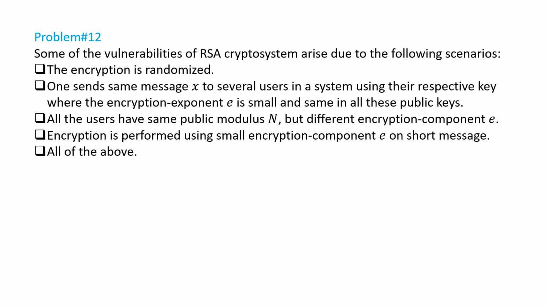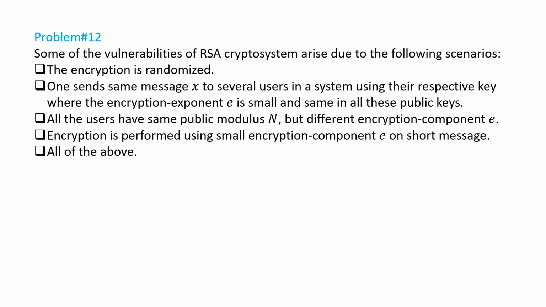And the next option is encryption is performed using small encryption component E on short message. So in this case also, if you choose very small E and the message you are encrypting is also within a very short range, then even if you compute x to the power E mod n, that value of x to the power E is actually less than n.